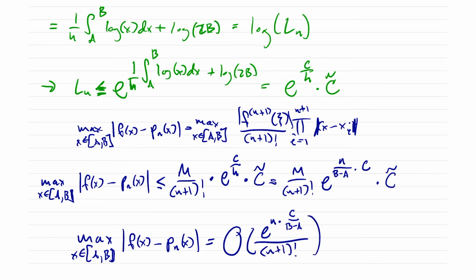So all we care about are the things that are attached to n. c and 1 over b minus a do affect how quickly this exponential grows, so that is actually kind of important to keep track of, or at least leave a constant in there.